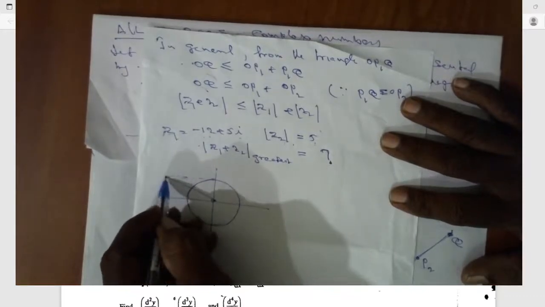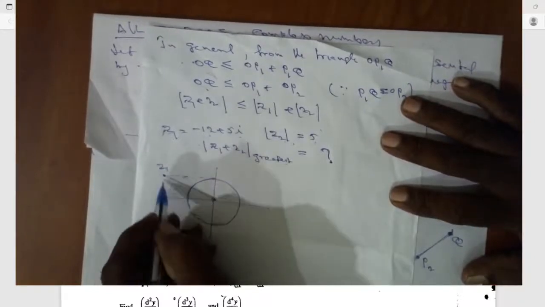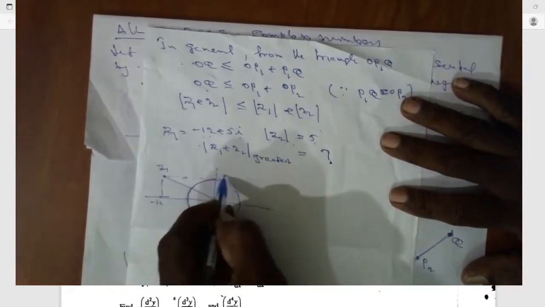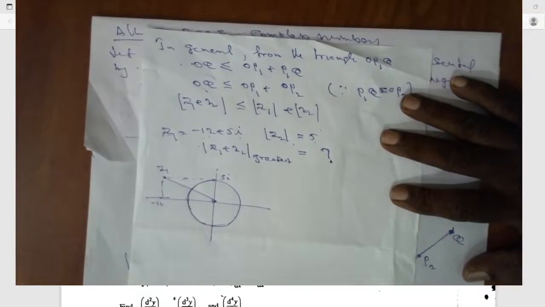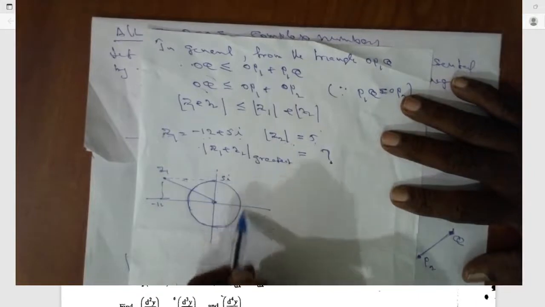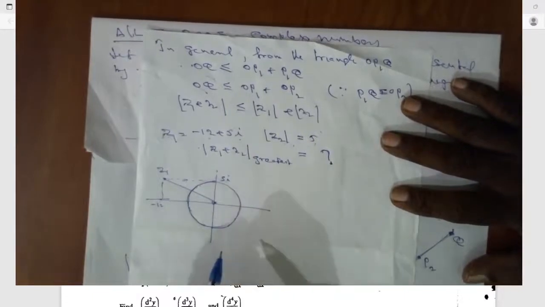Like this. So this is C1. This one is minus 12, this one is 5i. Yes, C1 is a constant complex number. C2 is a variable complex number on the circumference of this circle.